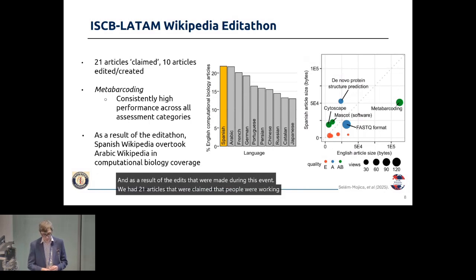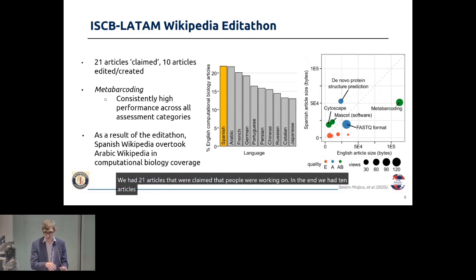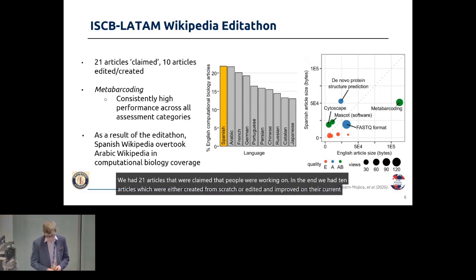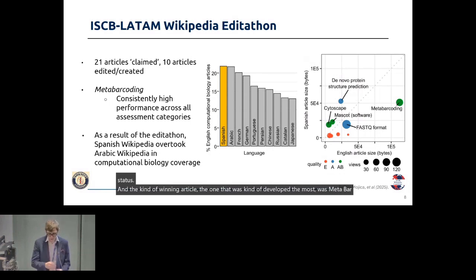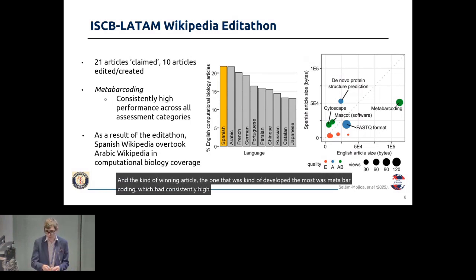In the end, we had 10 articles which were either created from scratch or edited and improved on their current status. And the winning article, the one that was developed the most, was metabarcoding, which had consistently high performance across all the categories for assessment.